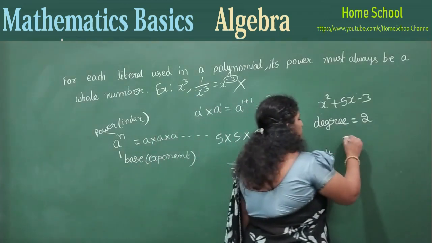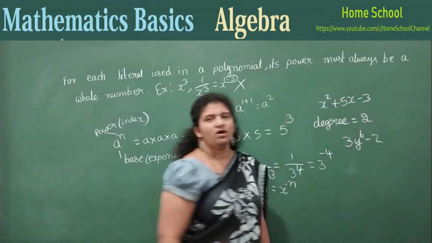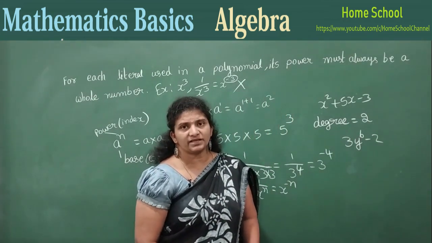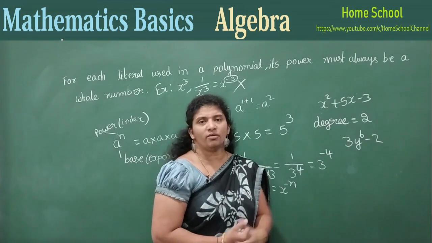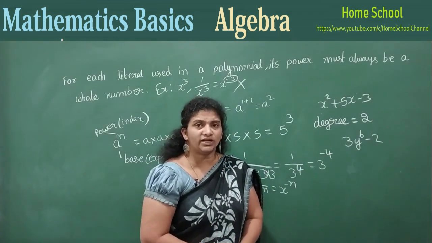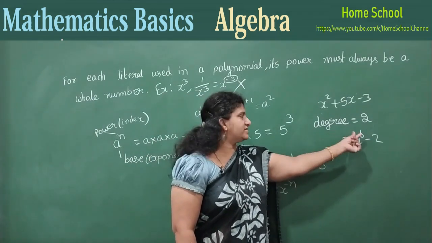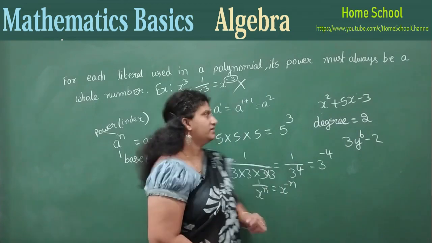Similarly, if I ask you 3y power 6 minus 2, what is the degree of the given algebraic expression? It is a binomial having two terms, and its degree means the highest power. Its degree is 6.